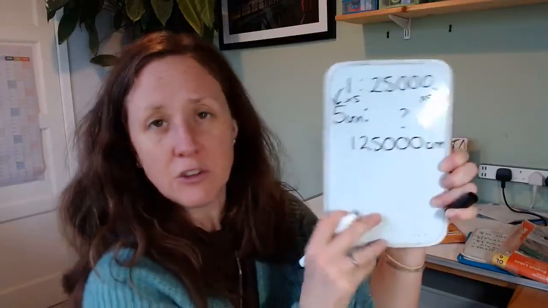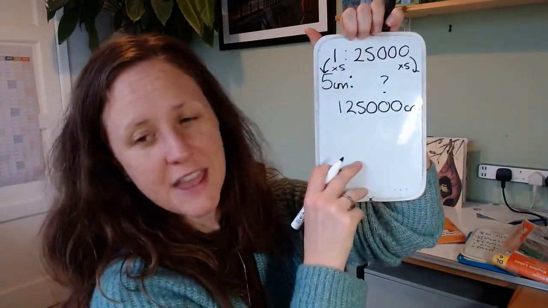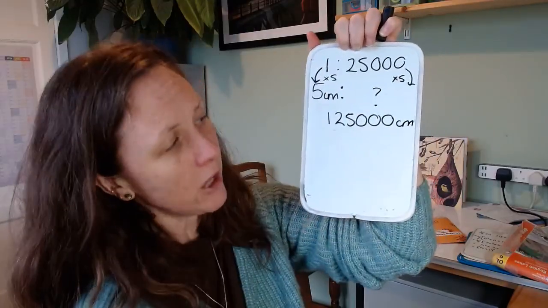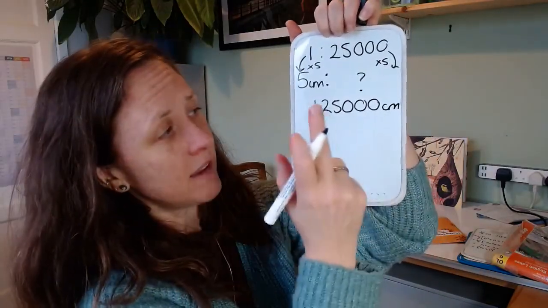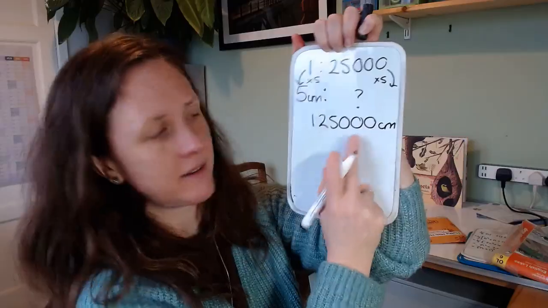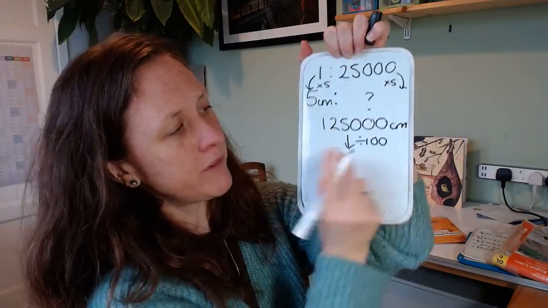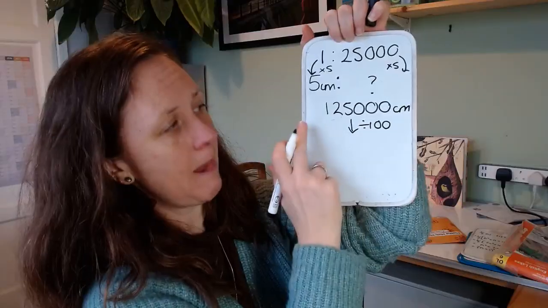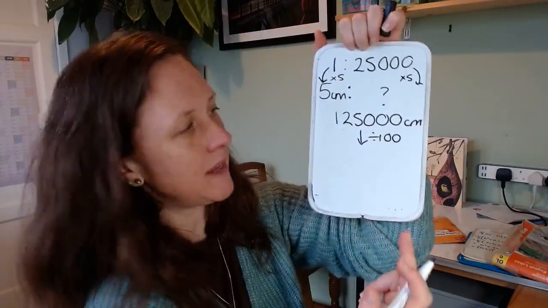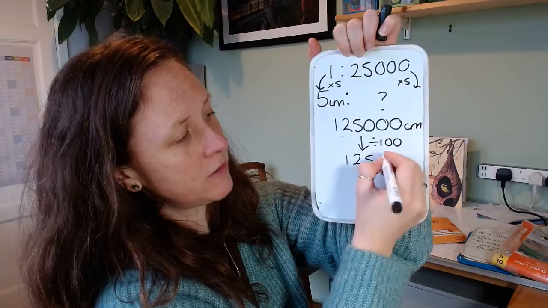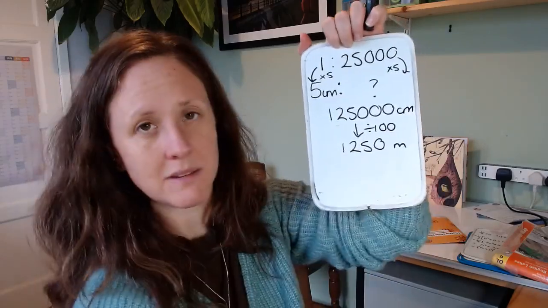However, some of you have spotted that this can actually be the kilometres as well, because there are 100 centimetres in a metre. So if I divide this by 100, I am going to get this same distance but in metres. So dividing this by 100 gives me 1,250 metres.